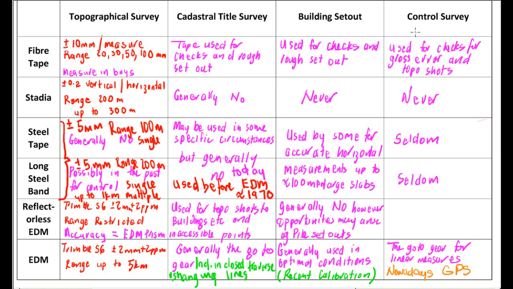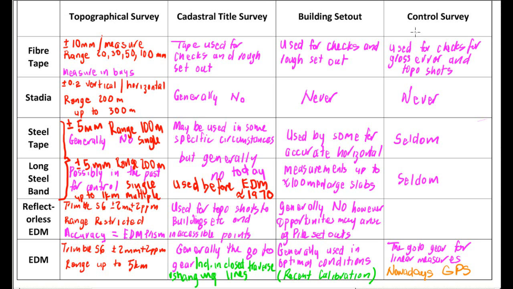So I think that with reflectorless, it's the fine and coarse, and with the Trimble, tracking is a coarse range, and measurement or topo measurement is the finer range. So for cadastral title surveys, the reflectorless generally is not used for the measurement of vectors.